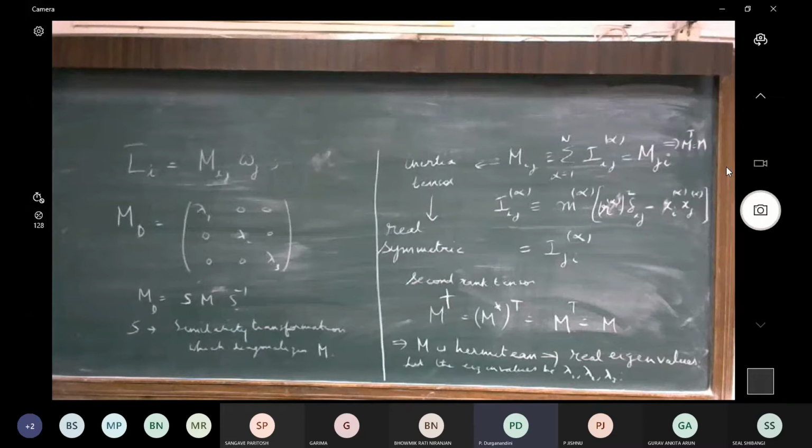You have done this, right? In your MNP class. How would you explicitly figure out what this transformation matrix is?